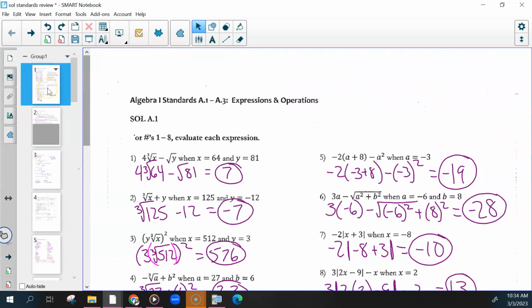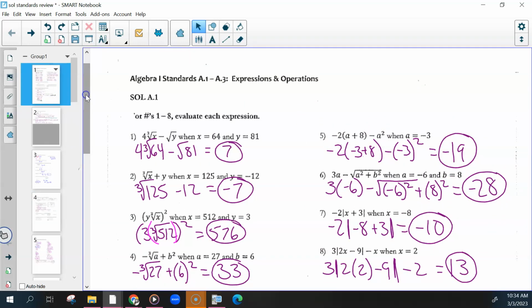Alright, so I'm going to go through these answers. And then if you want to see any in the calculator or in Desmos, we can go through those. Make sure you write these down, at least the answers. You don't have to write down all the work, because you'll have the video to refer back to.